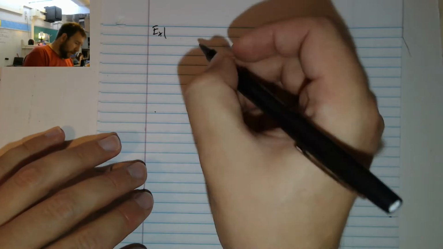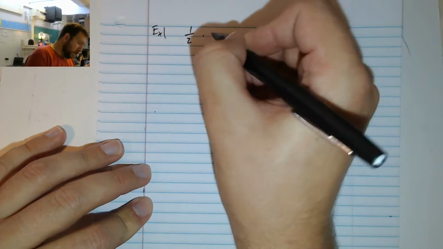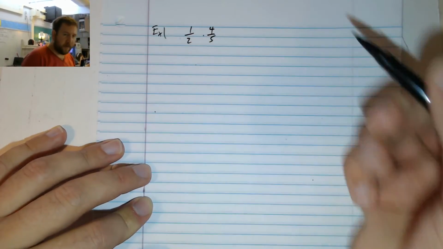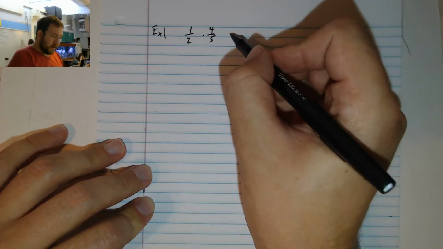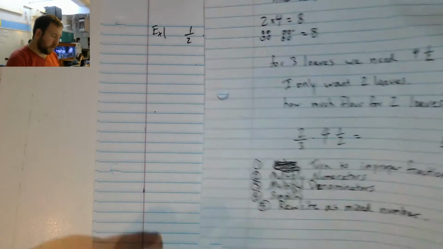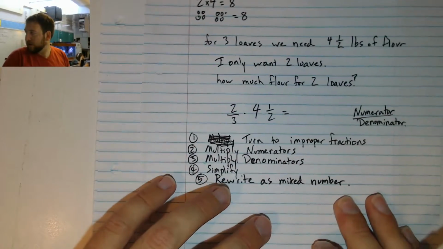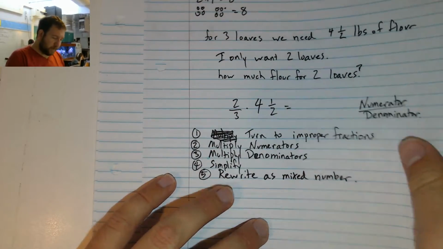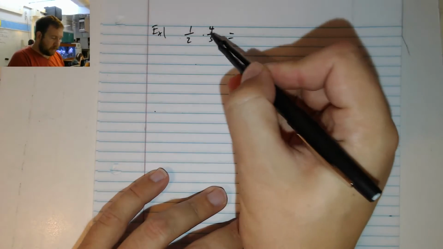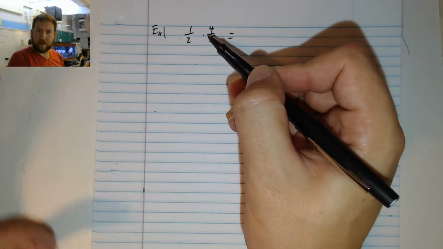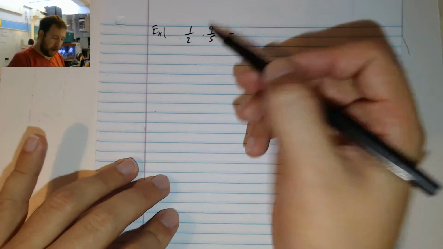We're going to take the product of 1/2 and 4/5. 1/2 times 4/5. So following my steps, first thing is to turn to improper fractions. Well, I don't need to do that because I don't have any mixed numbers in here. I only have fractions, so I'm good to go already.